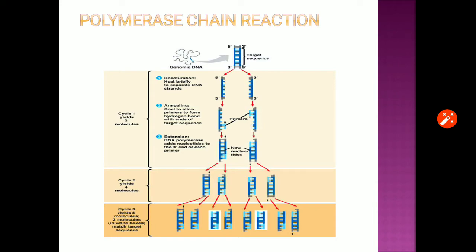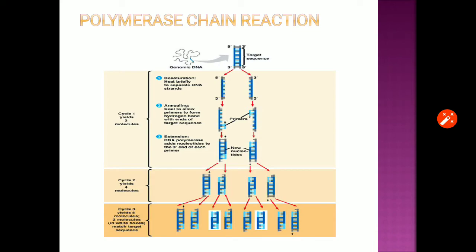Now the second step is primer annealing. Primers are small oligonucleotide sequences complementary to the desired gene's sequence of bases. We will make two types of primers complementary to the two strands of the desired gene, as the gene can be of any length and the primers are only oligonucleotide sequences.